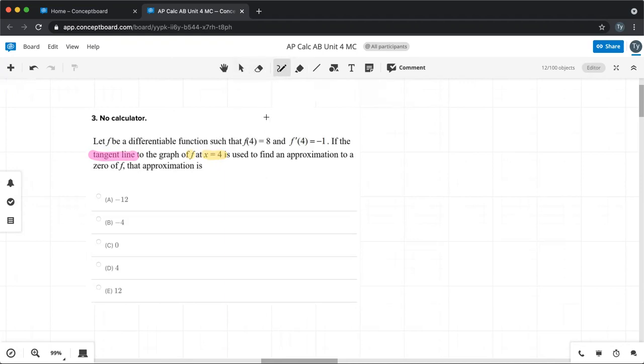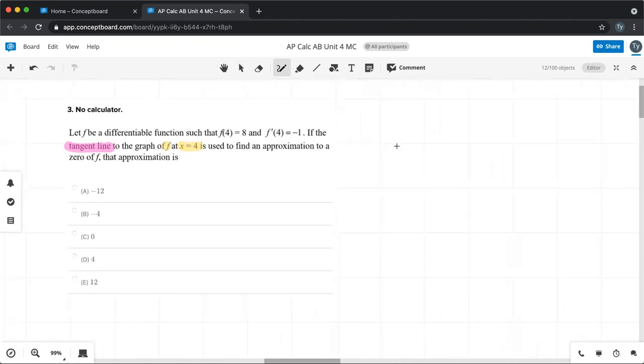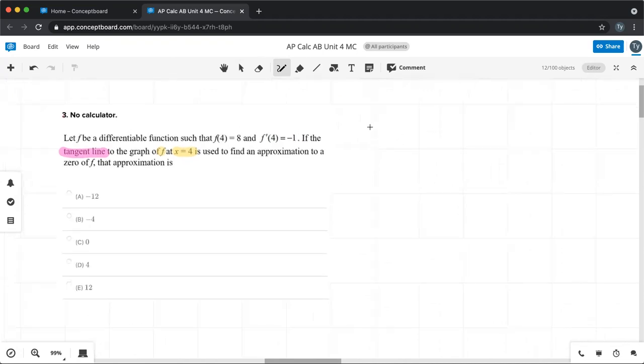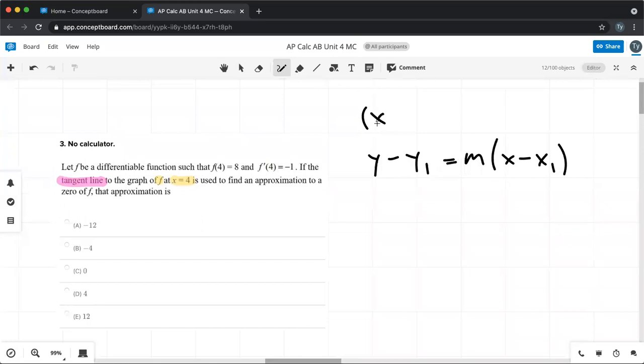Okay, so the equation for a tangent line, we can use point slope form. Way back from algebra. So point slope form is y minus y1 equals m times x minus x1, where x1, y1 is a point and m is the slope. So what's our point? Well, we're given that f of 4 is 8.